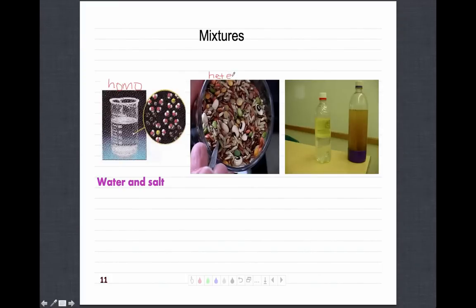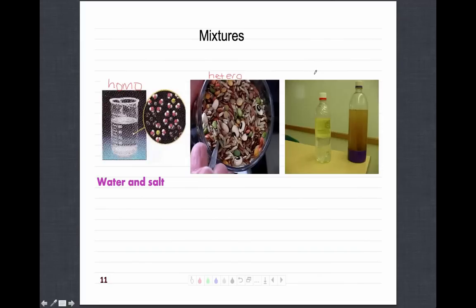And just to prove to you that these are two substances, if I take the magnet, I'm not sure if everybody can see it in the back, so Jake's gonna walk slowly up there so that you can see it. So it's a heterogeneous mixture. Why? Because you can see two phases.